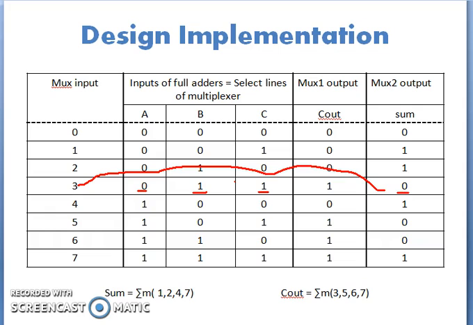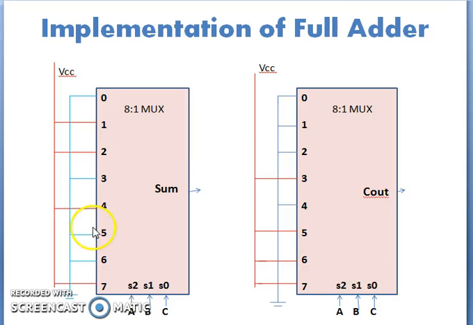So see here, you can observe it in this slide that for sum, as we have taken that previous example, we have taken here 0, here 1 and here 1 at the select line. So if it is 0, 1, 1, what happens? This input 3 is transferred. What you applied at the third input is transferred at the output sum.